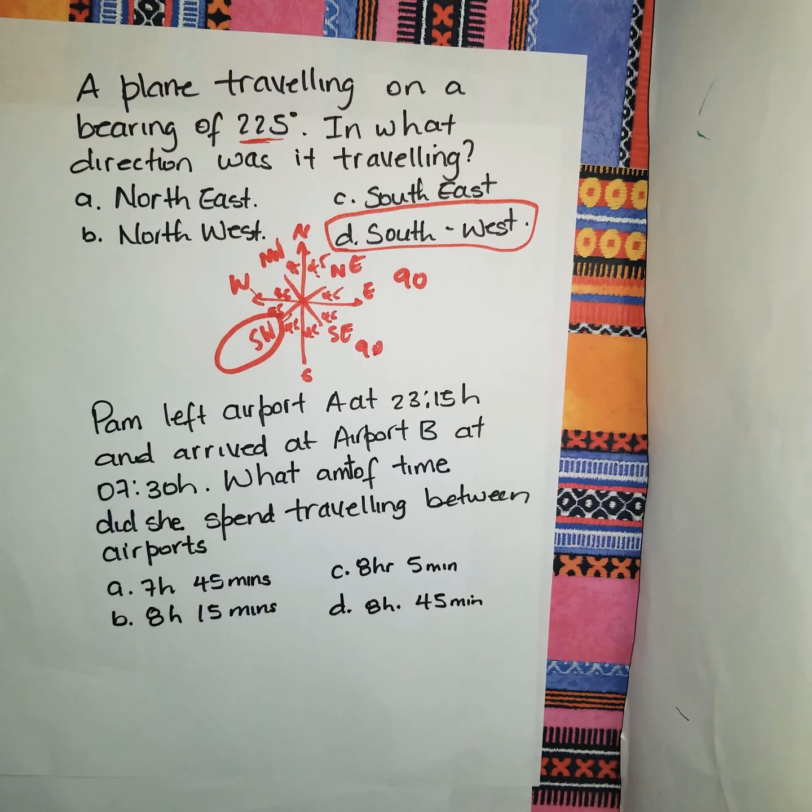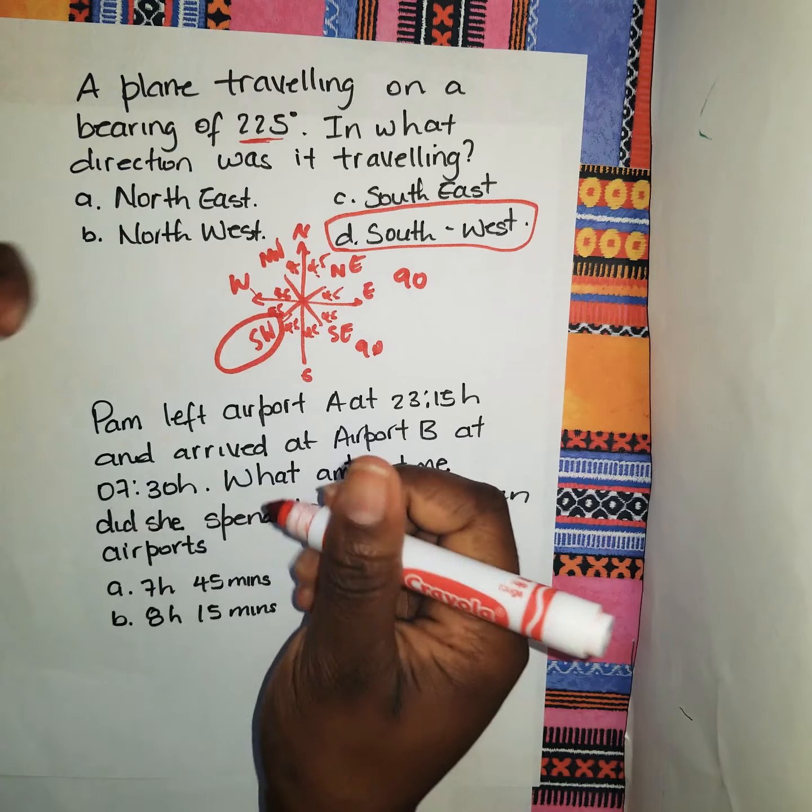Let's try this question. Pam left airport A at 23:15 hours and arrived at airport B at 7:30 hours. What amount of time did she spend traveling between the airports? So we know in a day we have 24 hours.